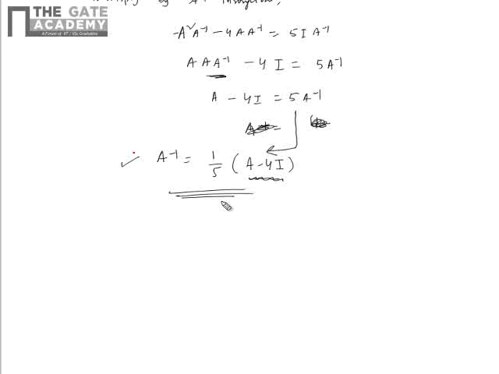But once you know the Cayley-Hamilton theorem, you can easily evaluate A inverse. Now let's see some more problems on eigenvalues and eigenvectors, dealing with the properties we have studied.